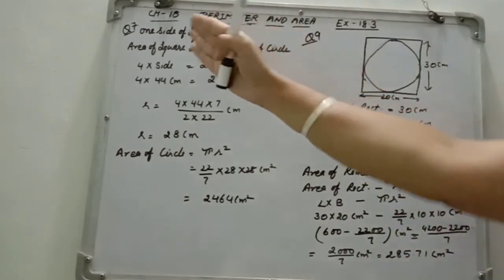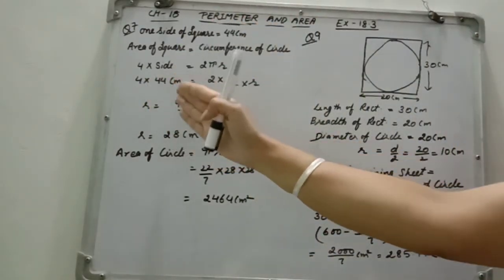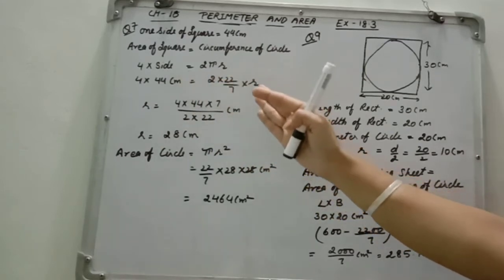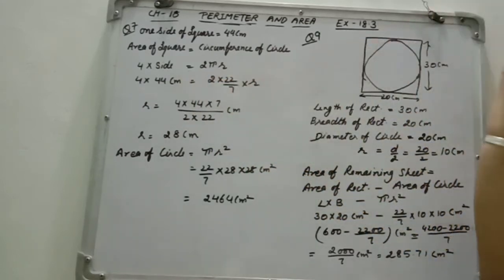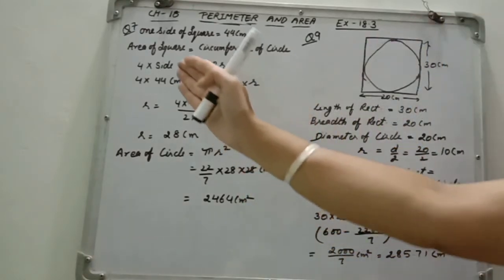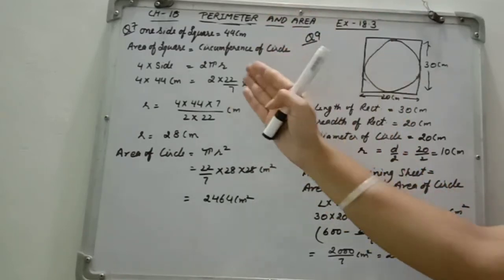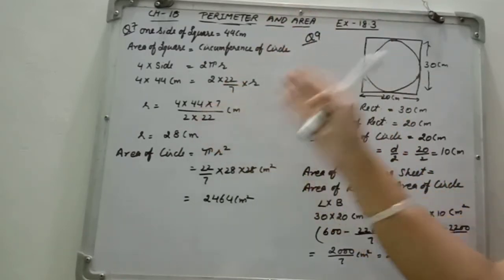So one side of the square is given to you, 44 centimeter. Put here 4 into 44 is equal to 2 into 22 over 7 into r. Here we put the value of pi. So now r is here and this statement will move to the other side. So the denominator becomes numerator and the numerator becomes denominator.